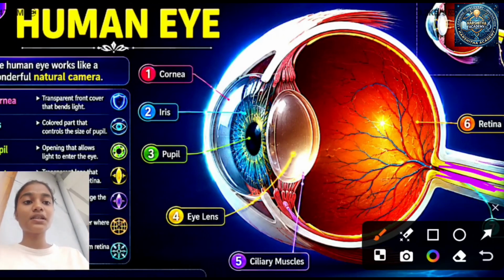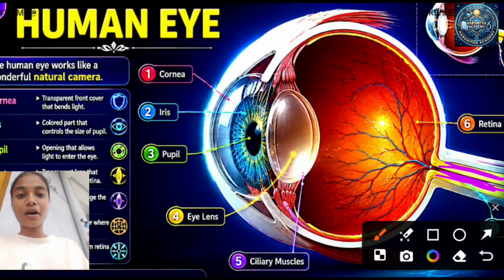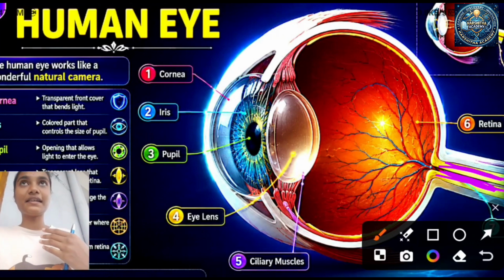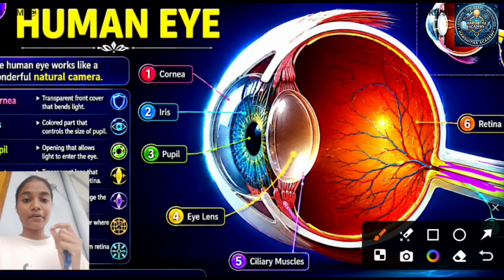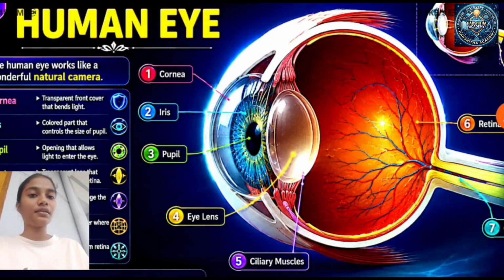Actually the image is formed inverted, which means if you see an object, the bottom appears up and the top appears at the bottom. How we sense it as a correct image is by our brain only. This optic nerve helps to connect from the eye lens to the brain. Now let's go to the next slide.